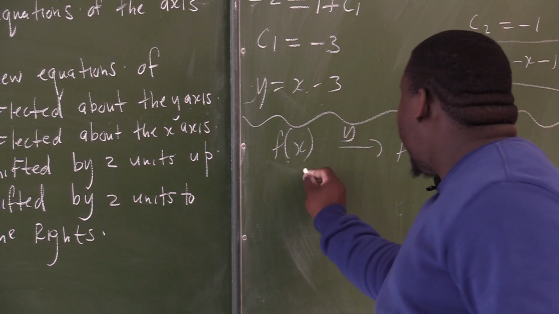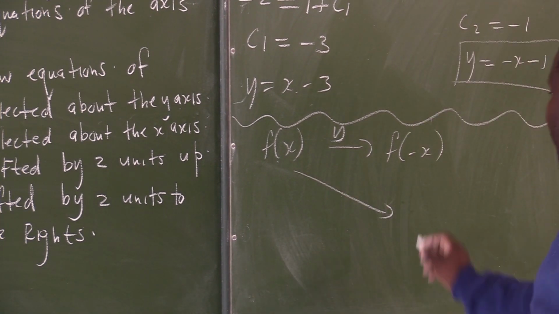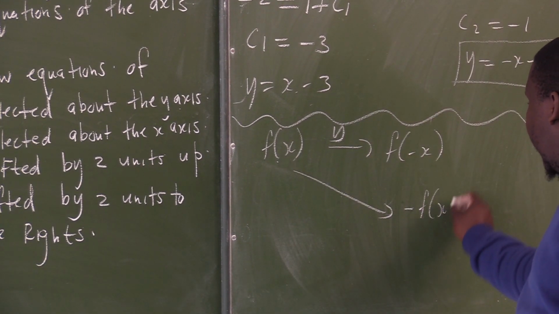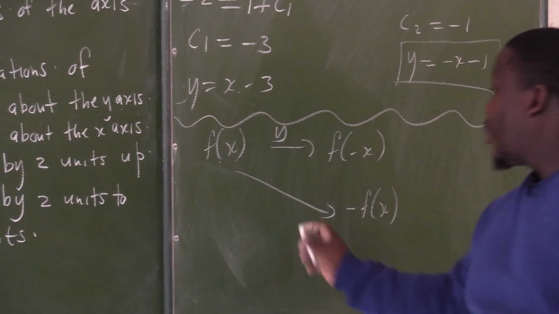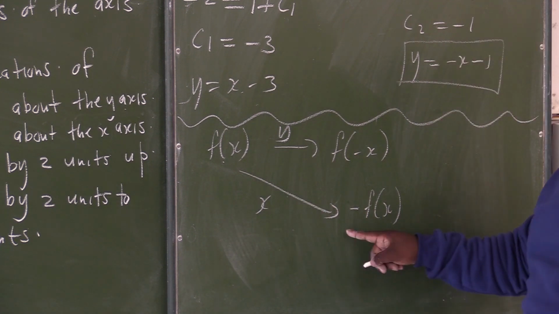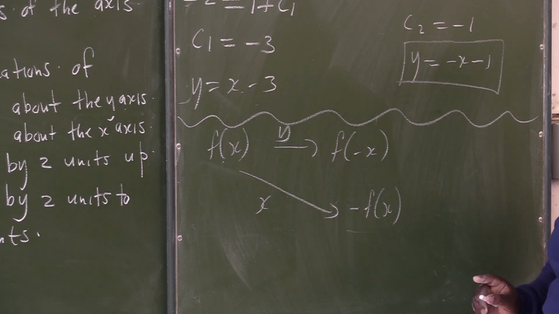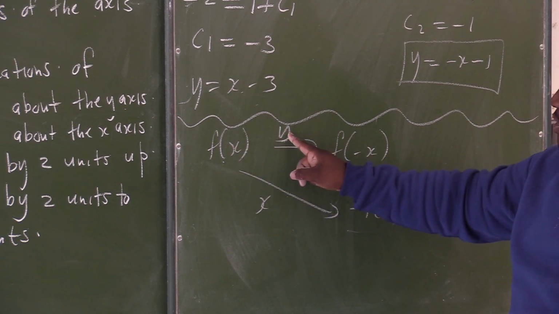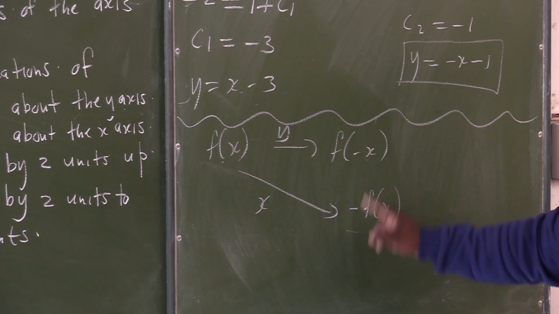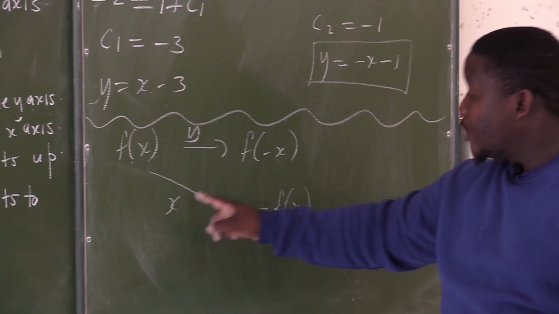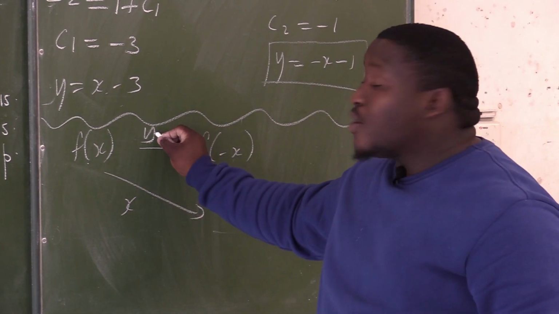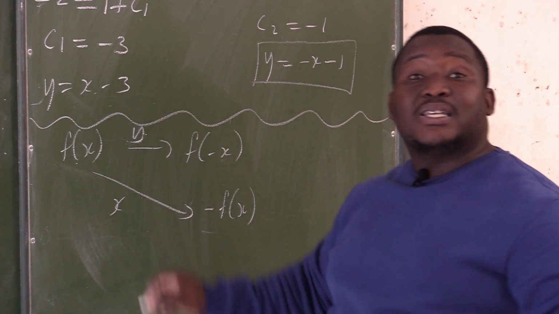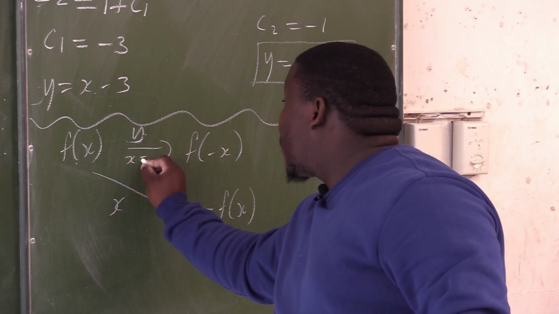But if you have f of x and you end up with negative f of x, you have reflected f now across what? The x-axis. So there are two reflections. It's the reflection along the y-axis, where x becomes negative, and the reflection along the x-axis, where y becomes negative. If they say it's the reflection along the y-axis, they can say it's the reflection along the line which says x is equal to 0.